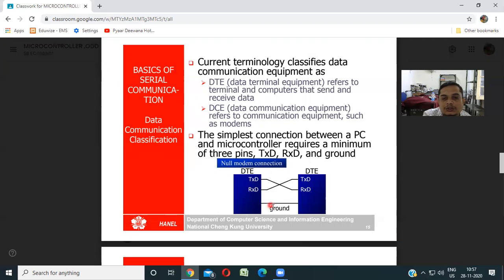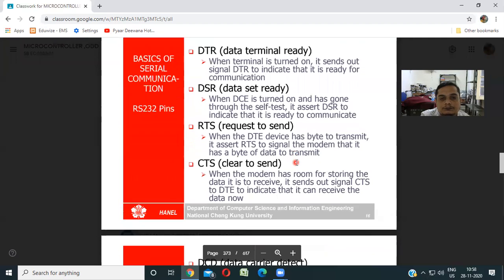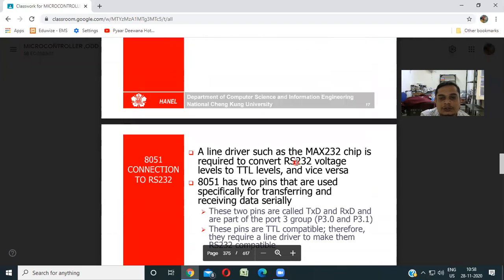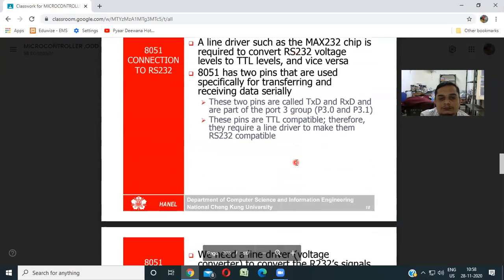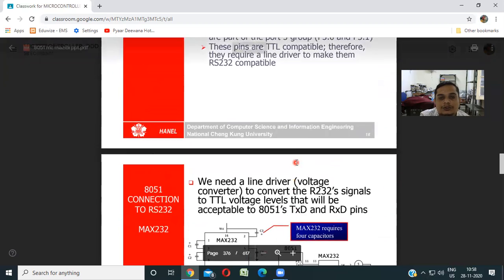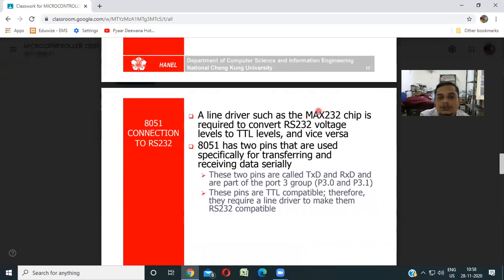This is called a null modem connection, the simplest connection between the PC and microcontroller. Already I explained about these. In the next class, let us discuss more about the MAX 232 chip. This is the dedicated IC, called the line driver.